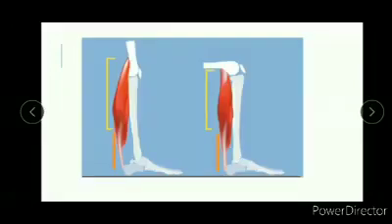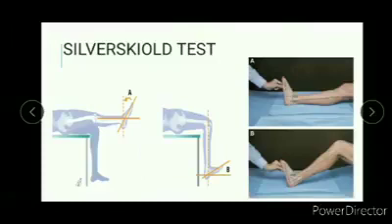This picture is explaining the length of gastrocnemius. When the knee is in full extension, the maximum stretch will be on the gastrocnemius. If the knee is flexed, the stretch over the gastrocnemius will be reduced. Soleus, being a one-joint muscle, has nothing to do with the position of the knee joint.